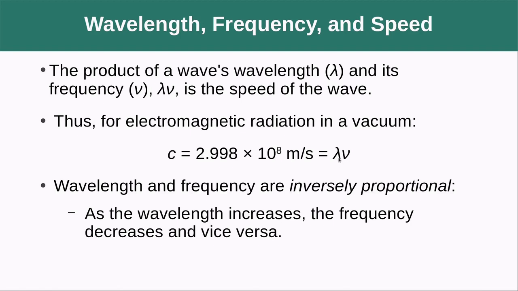Again, lambda is in units of meters and nu is in units of 1/seconds, and so we wind up getting this speed here of meters per second. Wavelength and frequency are inversely proportional, which means that as the wavelength increases, the frequency decreases, and vice versa.